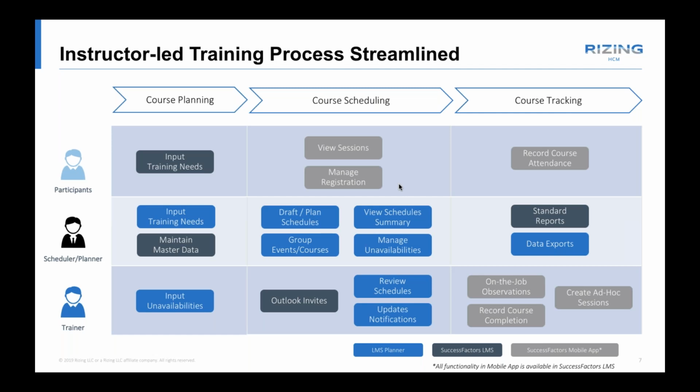Then we have different swim lanes built out for 3 different perspectives, going from your participants or your learners, your administrators that would be scheduling or planning sessions, and then trainers that will actually be delivering those training materials to your learners.